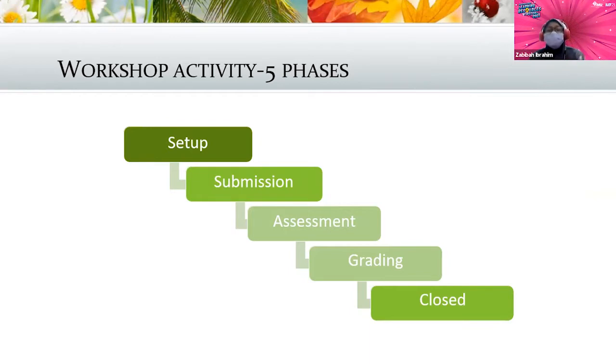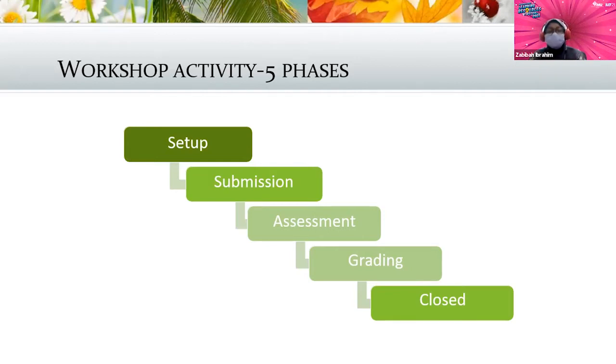Then we move to the submission phase, where the students are able to start doing their submission. They can submit directly on the learning management portal. There are 2 types of submission: they can type in directly on the text box provided on the learning management system, or they can attach a file.